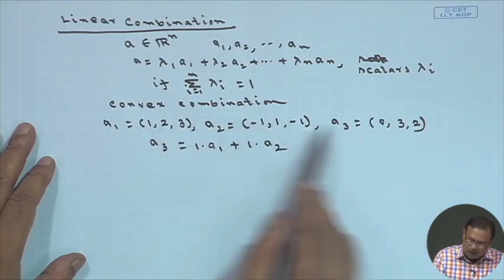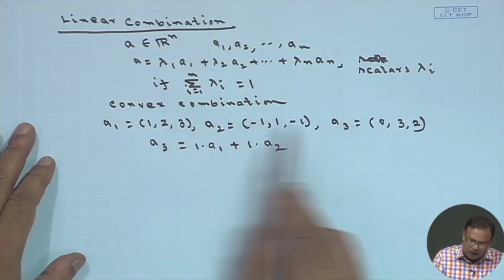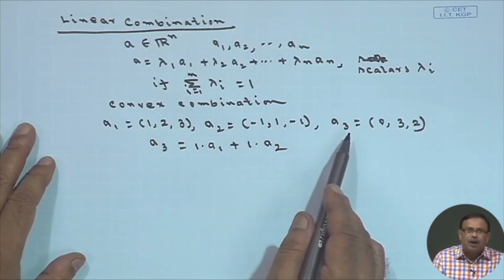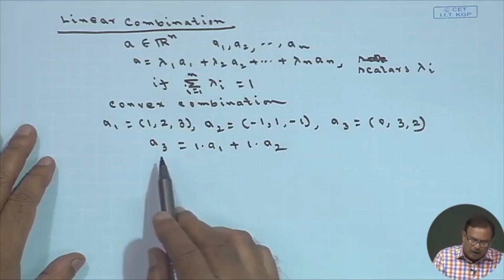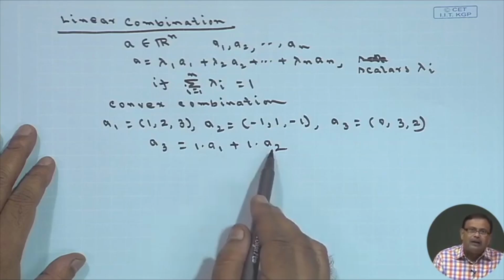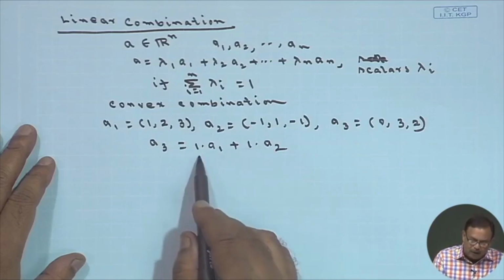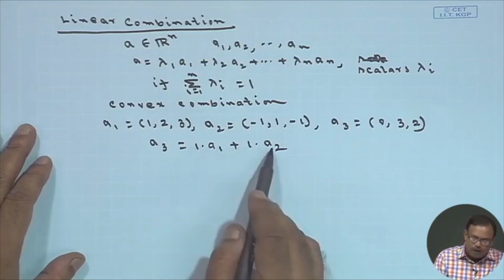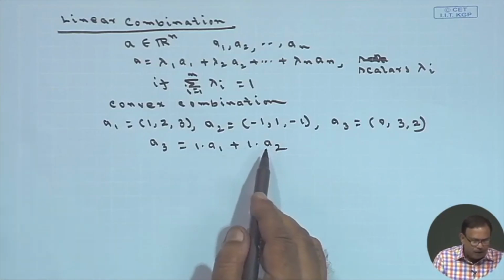So, 1 minus 1 is 0, 2 plus 1 is 3, and 3 minus 1 is 2. So, basically I have 3 vectors A1, A2, A3. I am writing A3 as a linear combination of A1 and A2, where lambda 1 is 1 and lambda 2 is 1. So, this is a linear combination of these two.